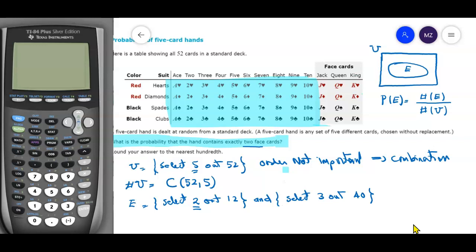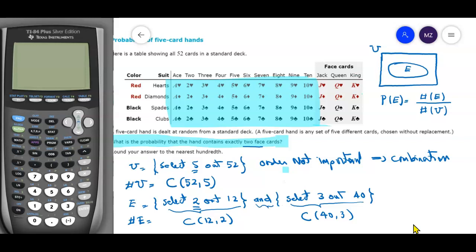Now, the number in E is going to be: select 2 out of 12, a combination from 12 selecting 2, and selecting 3 out of 40, another combination from 40 selecting 3.